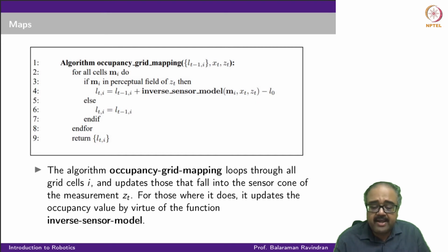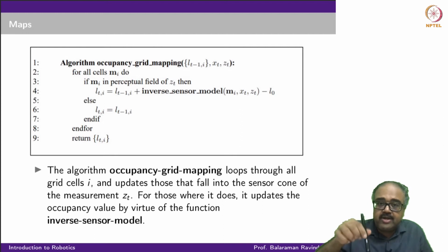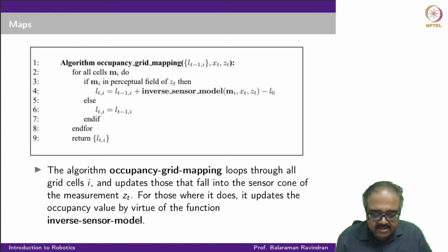Now for all cells m_i, if m_i is in the perceptual field of z_t, what do I mean by that? That means that when in x_t I'm making a measurement z_t, how much of the world can I see at z_t? Depending on what kind of sensing I have, it's not that I'm only looking at the current state I'm in. I could look at a region of state around it, as we'll see in the next couple of slides.